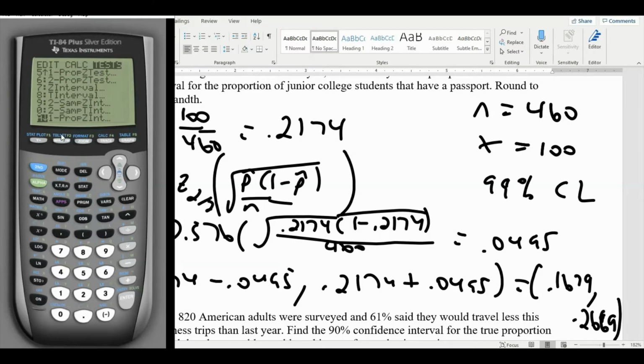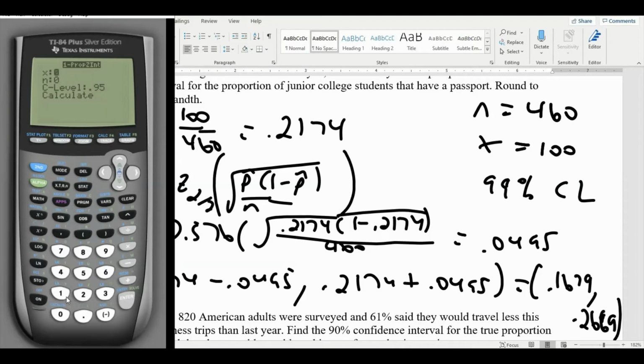Go to stat, go over to test, and scroll down. 1-PropZInt. That's the one proportion z interval. That's what I'm going to use.